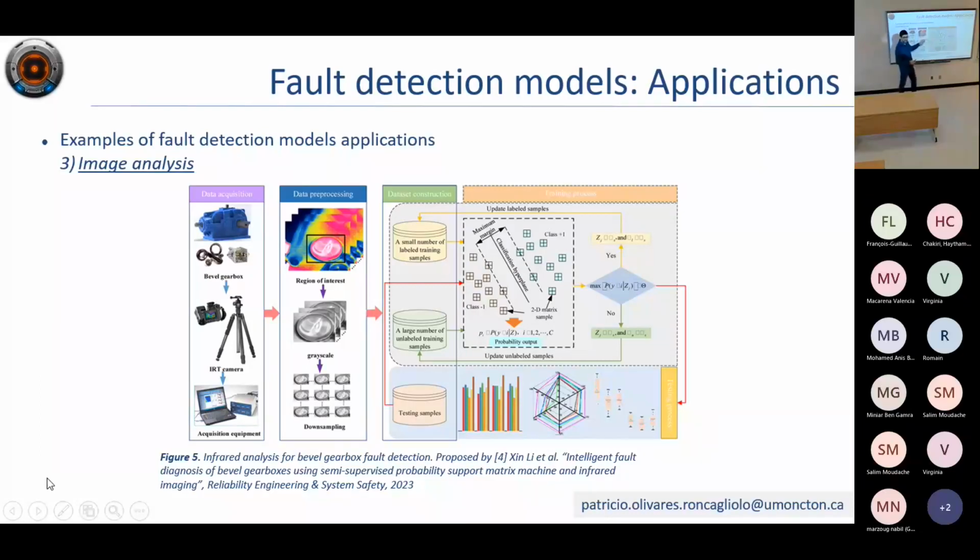And because it's very expensive to acquire the data, they make an extension from a small number of labeled training samples. They extend to all the data that they have available but unlabeled. And using a simple hyperplane, they only try to make a threshold between two classes, the fault and the normal bevel gearbox in this case.